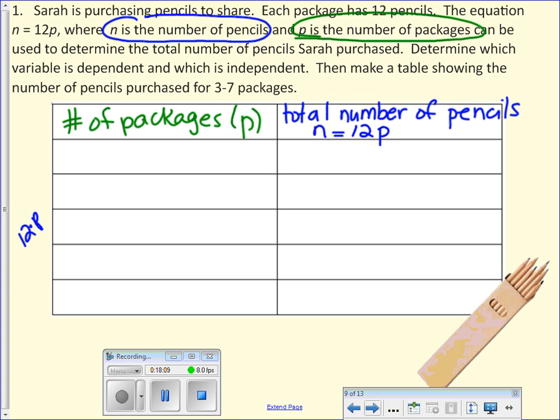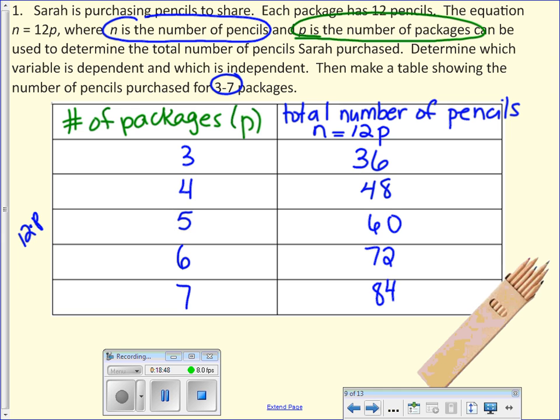Okay. So they're telling us 3 to 7 packages. I know a lot of us want to start our table at 1, but the directions are telling us what to set up our table as. So if there are 12 per package, and I have 3 packages, 12 times 3 is 36. 4 packages, 12 per package, is 48, and then 60.